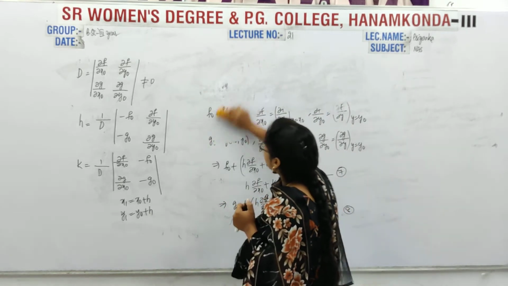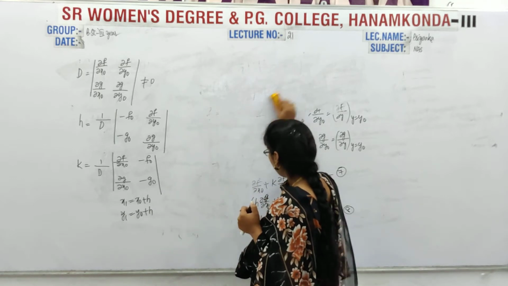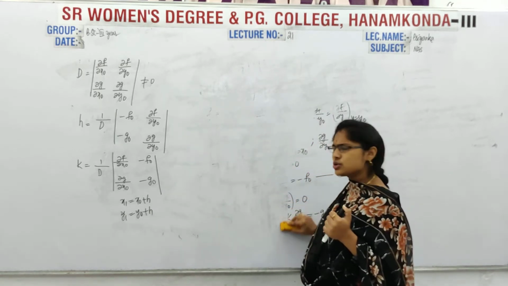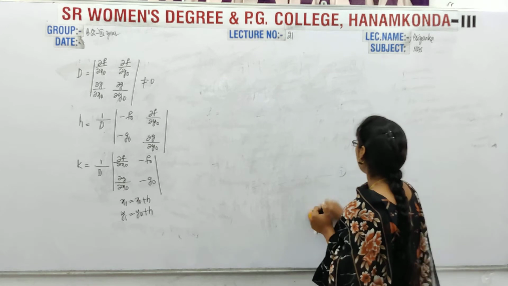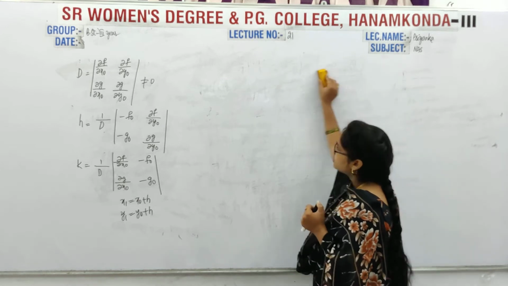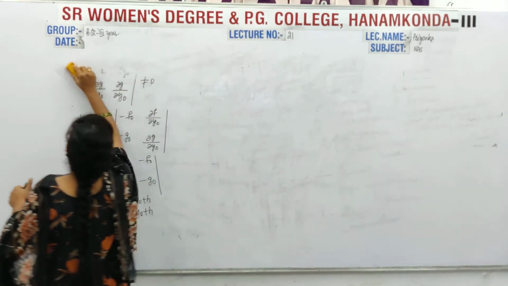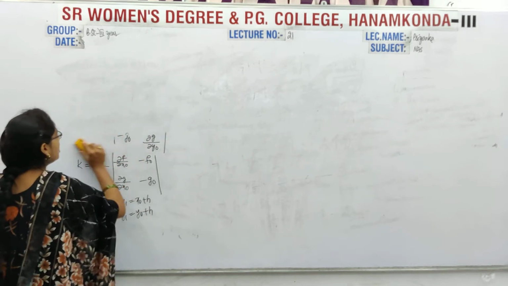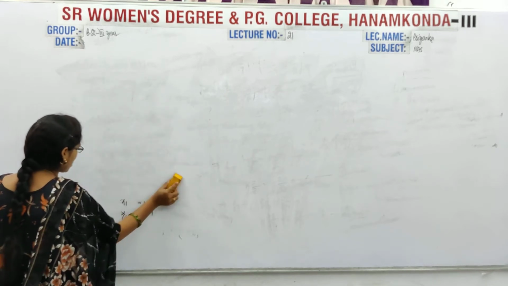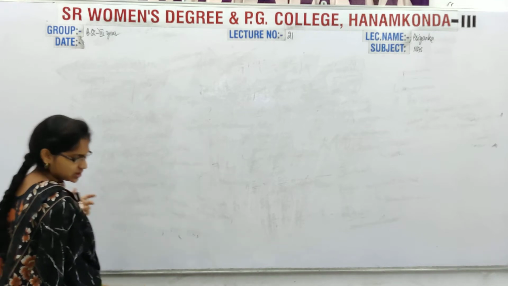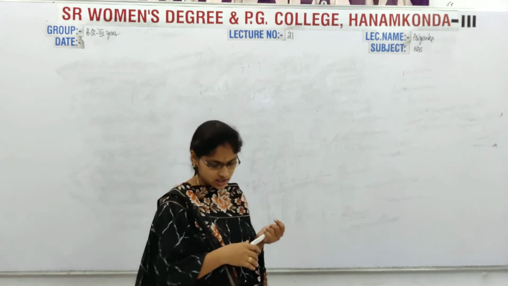Next, write down the problem. Yesterday we discussed a problem for the method of iteration. The same problem I am taking, and by that you can see the difference in these two methods. I will give the next few applications as homework, but here I am going to discuss the same application which we discussed yesterday.